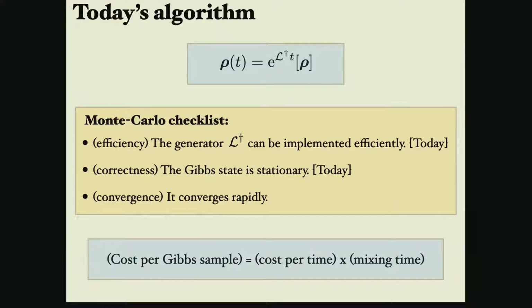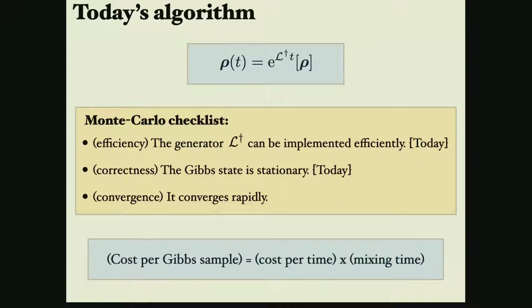It is efficient, in the sense that this exponential can be implemented efficiently; there's a quantum algorithm for it. And second, it has the desired property that it fixes the Gibbs state. With the first two, it's very similar to the classical case. You can now run this algorithm on a quantum computer and see what happens. If it converges quickly, you win. If it converges slowly, well, maybe you have to try another algorithm.